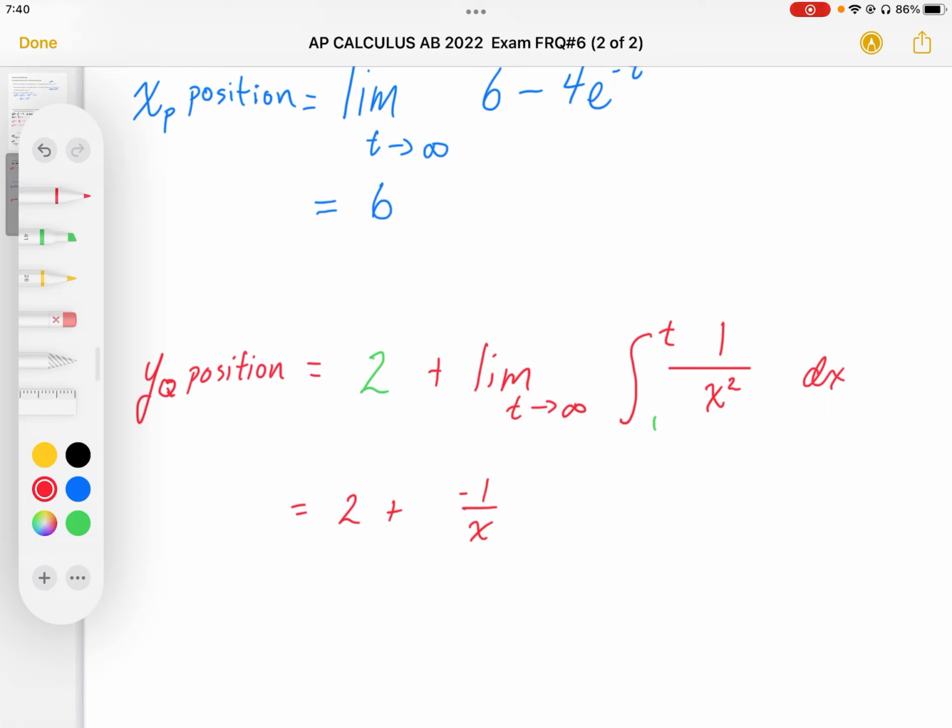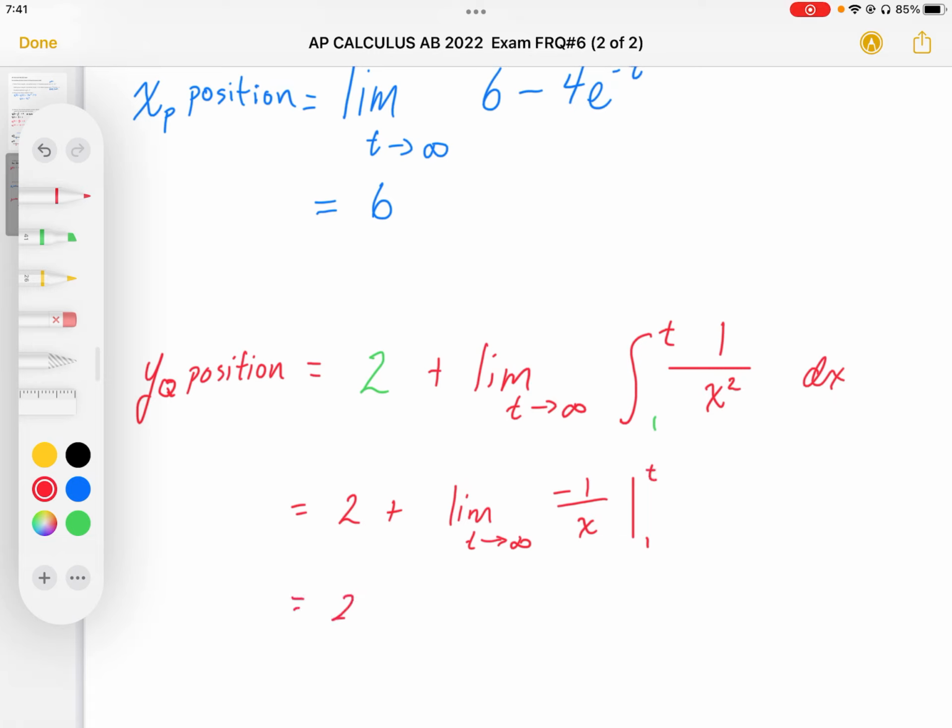Sorry, I need to use my limit notation still. This is going to be the limit as t goes to infinity of the antiderivative negative 1 over x, with bounds from 1 to t.